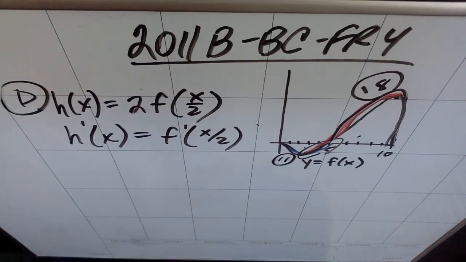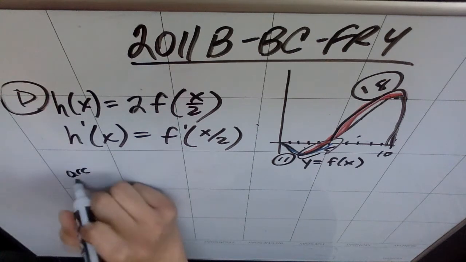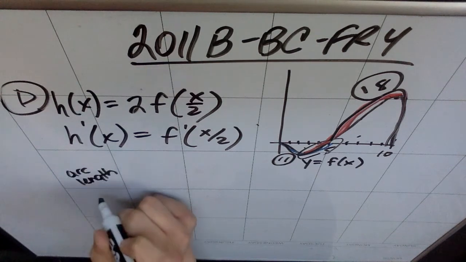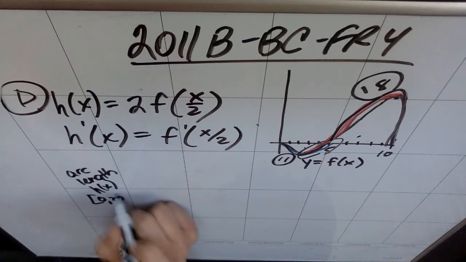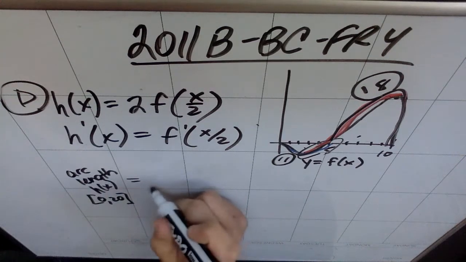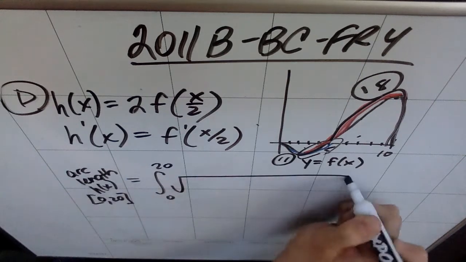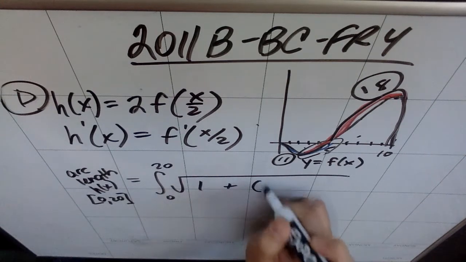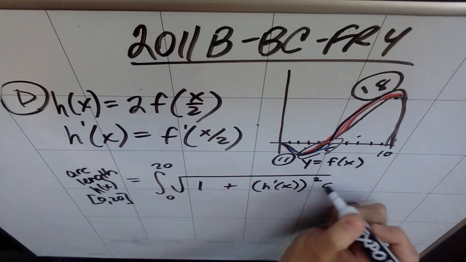Okay, so the arc length formula. If I want the arc length for h of x on the window from 0 to 20, then I'm going to have to write the integral from 0 to 20 of the square root of 1 plus h prime of x, quantity squared, with respect to x.